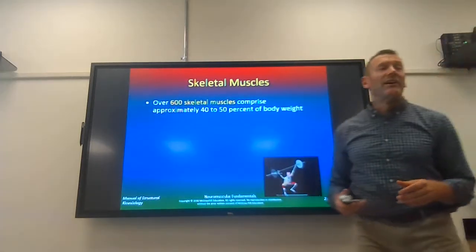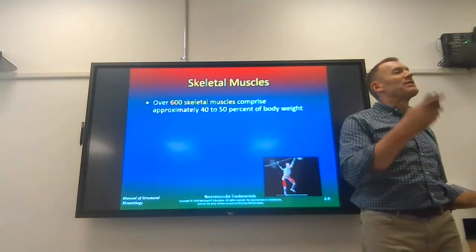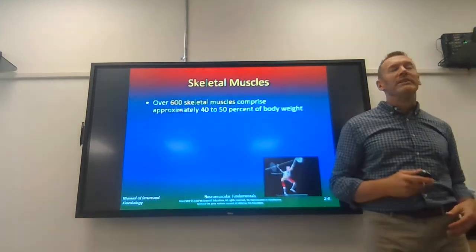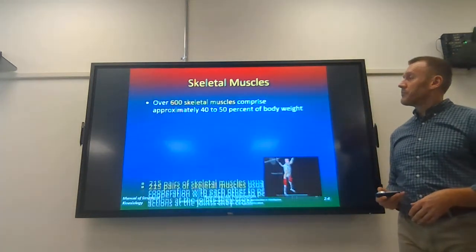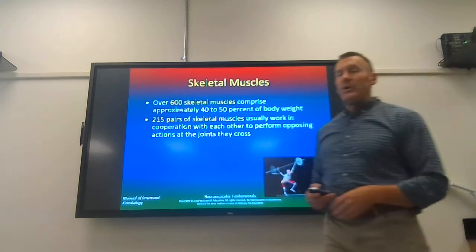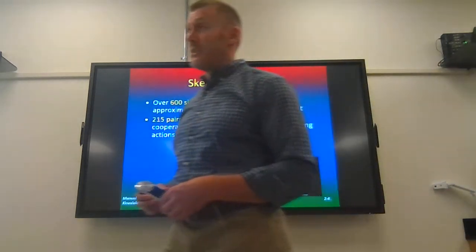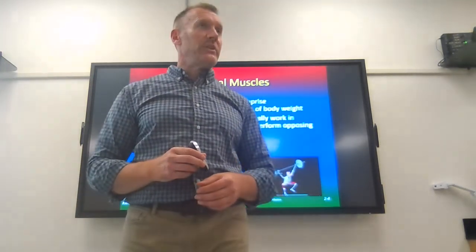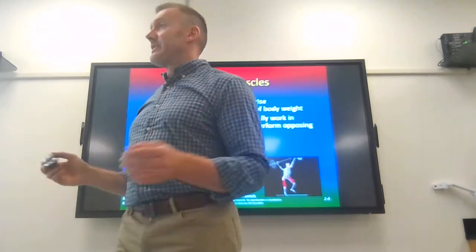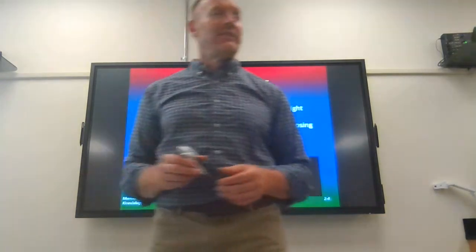We don't focus on the tiny muscles that are involved with swallowing or with eye movement and so on. So the larger muscles. There are 215 pairs of skeletal muscles that have opposing actions. So we call them antagonists because they have opposing actions.